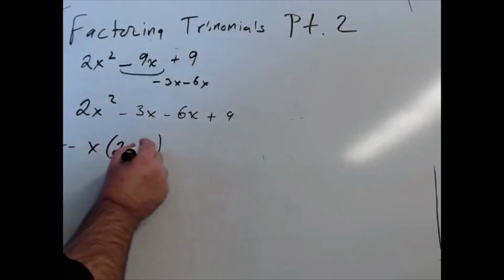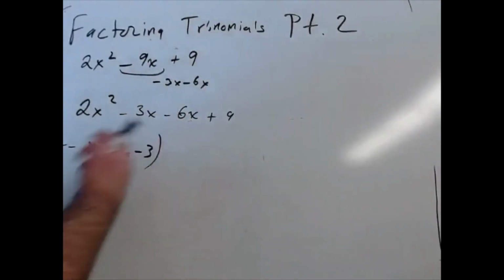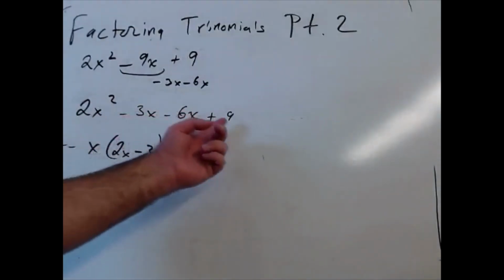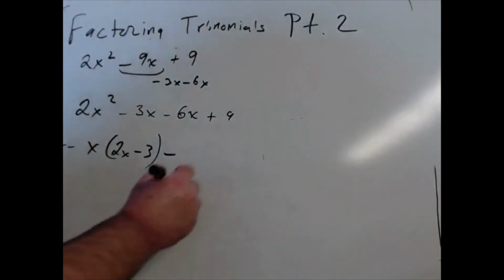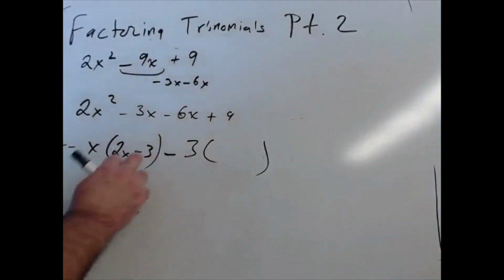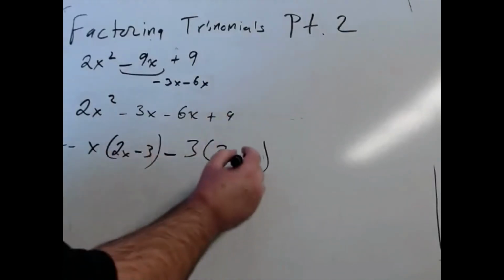Negative 3. Always watch your signs. My third term over here is negative, so I'm going to factor out a negative common factor. And 6 and 9 have a common factor of 3, so it will be a negative 3. Negative 3 times what gives me negative 6x? Of course, that's positive 2x. Negative 3 times what gives me a positive 9? Of course, that's a negative 3.